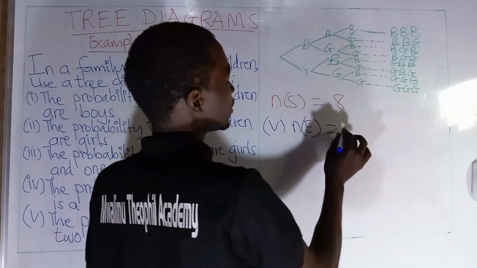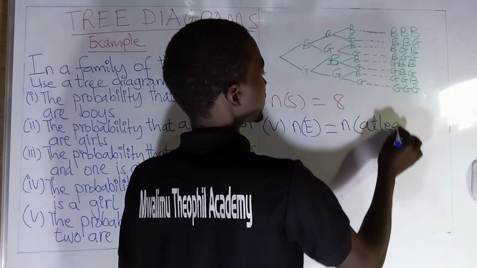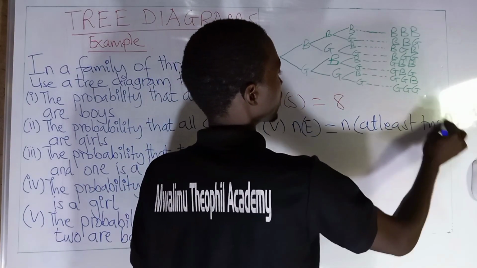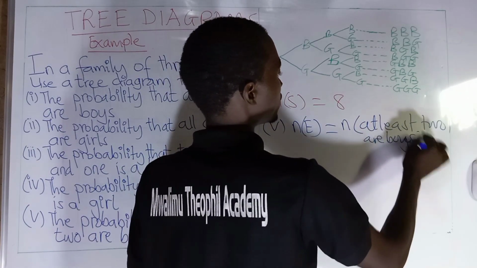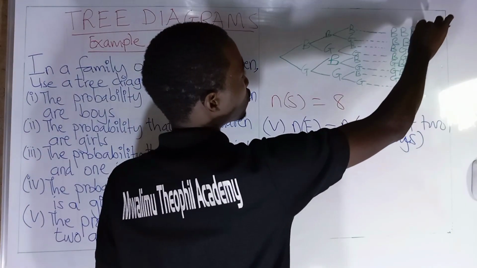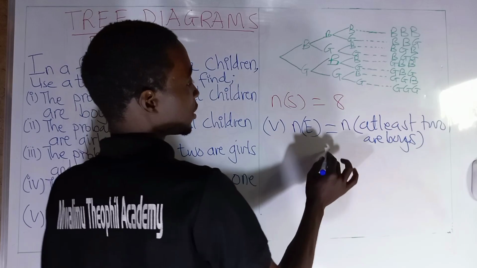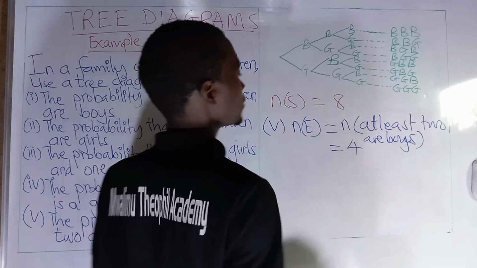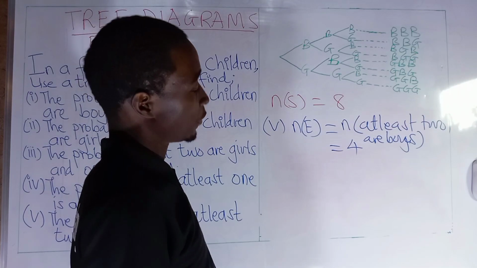Now, number of events will be equal to number that at least 2 are boys. So we have 1, 2, 3, 4. We have 4 different ways whereby at least 2 children are boys.